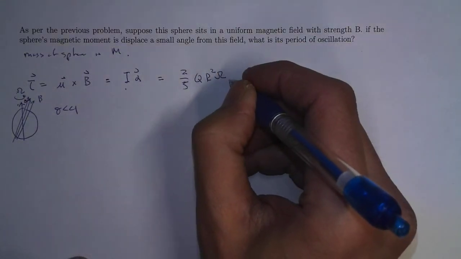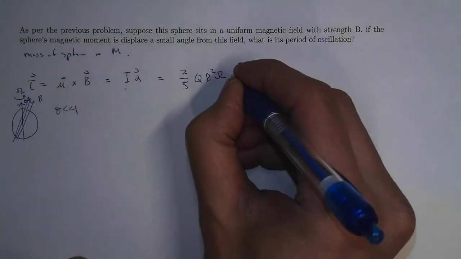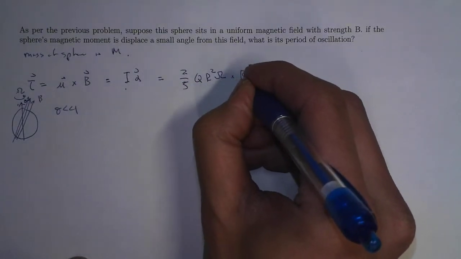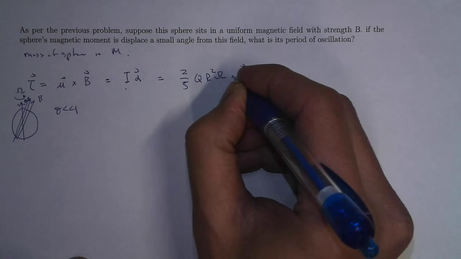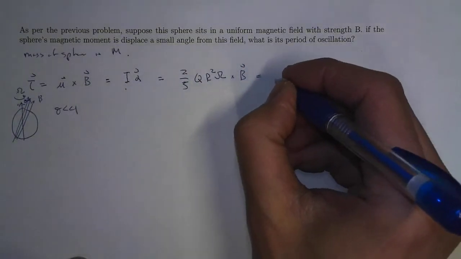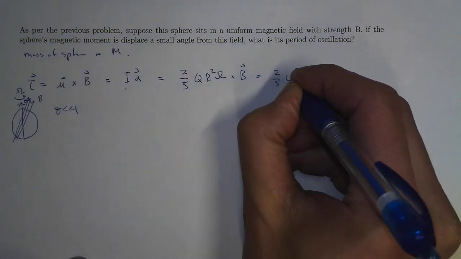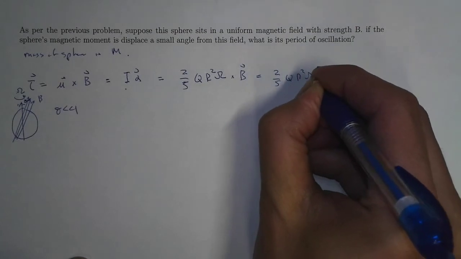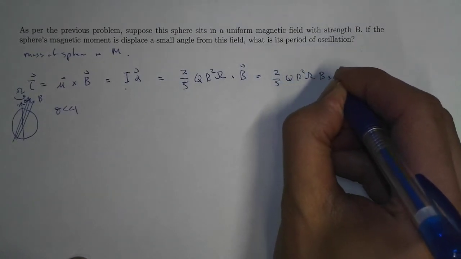Now I'm going to cross this with the B field, but for small angles this is just 2/5 q r squared omega B sine of theta.